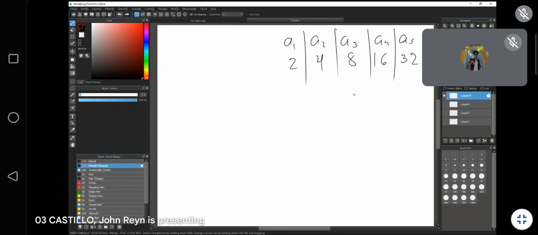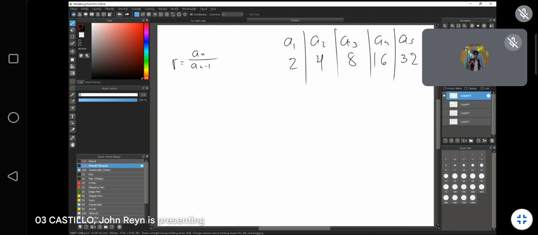So in finding the roots, we can use this formula, which is dividing the term with its preceding, which is n minus 1. So A sub 2 divided by A sub 1, and A sub 3 divided by A sub 2.